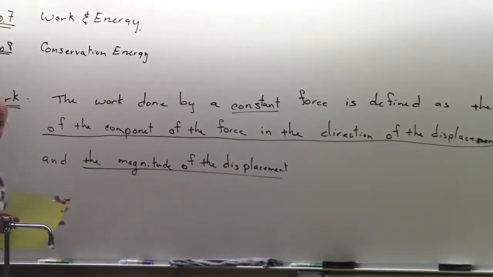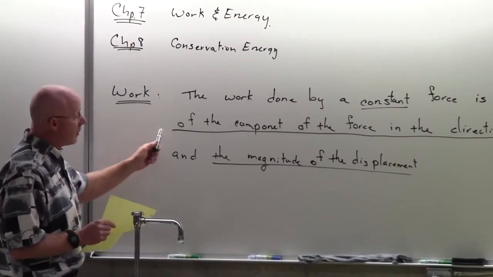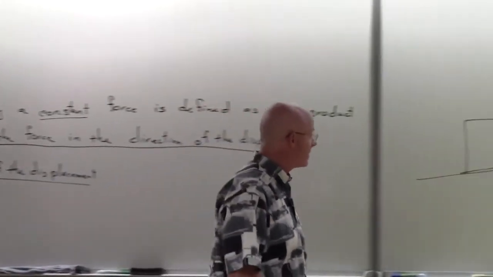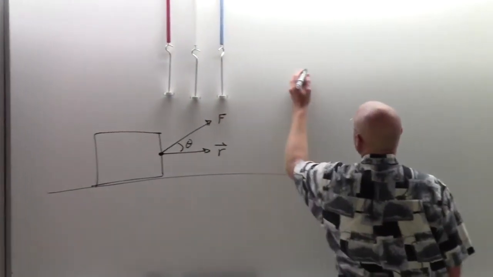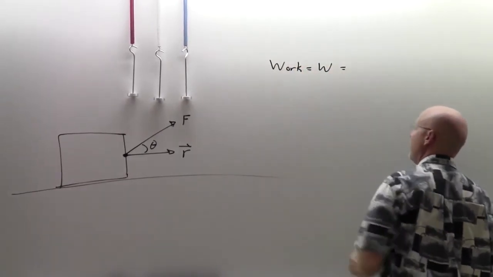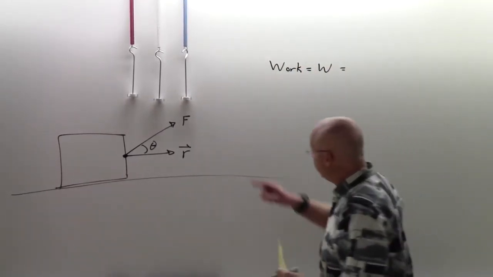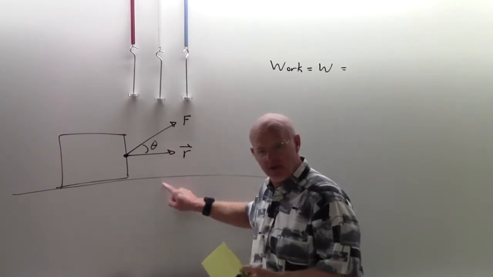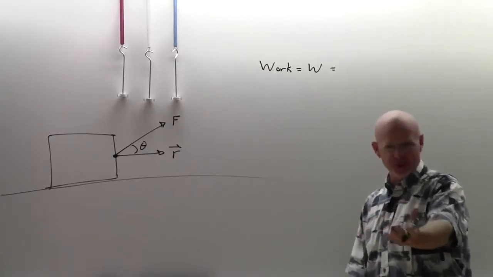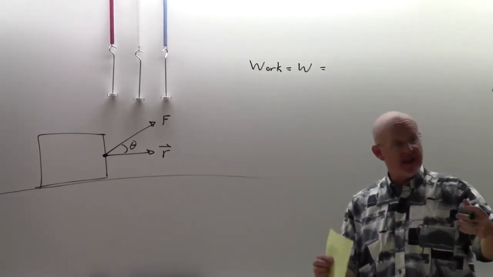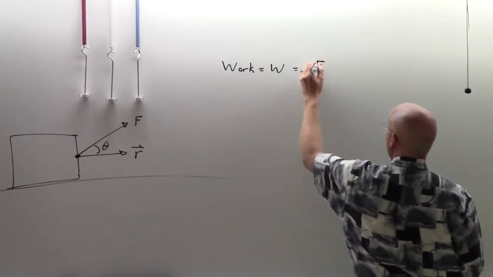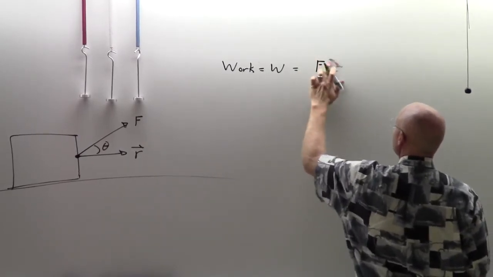But just to review what you learned in 102, you learned that it would be the component of the force in the direction of the displacement. So in other words, if I write out this equation for work, and let me just use W for work, how much of the force is in the direction of the displacement? We've been doing a lot of this since chapter 3. This would be the x component, right? And so if I go F, whoops, I almost put sine.